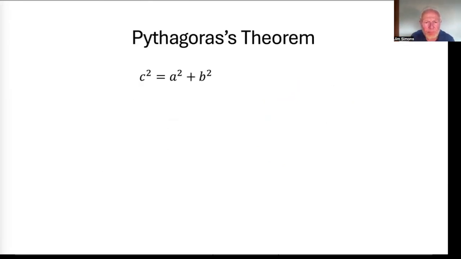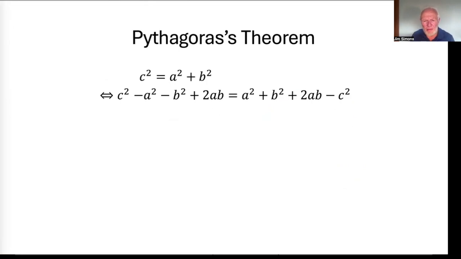Interestingly, we can get out of this a new version of Pythagoras' theorem. I think this is rather fun. So let's take our familiar version of Pythagoras' theorem, and we'll do that to it. What I've done here is sort of double it and add 2ab to both sides. So I've got c squared equals a plus b squared, minus c squared equals minus a squared minus b squared, and I've added in a 2ab.